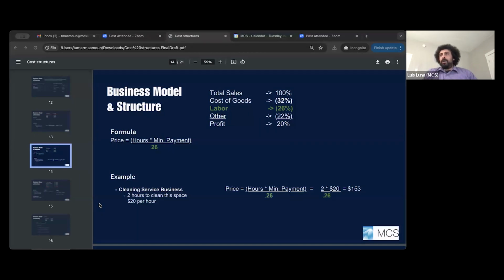You factor in what it cost you to get all of those materials, and what it costs for your sales and marketing and all of that to bring people in the door.